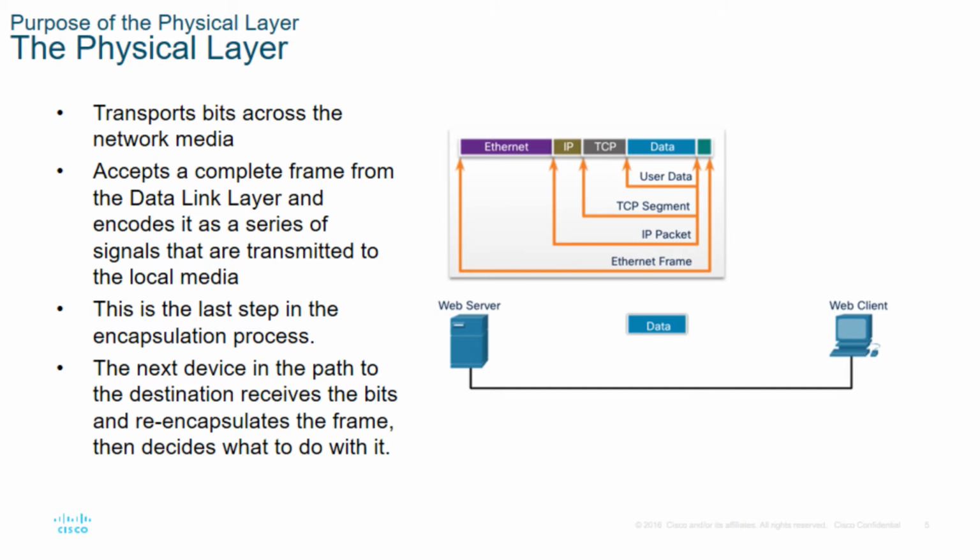The encoded bits that comprise a frame are received by either an end device or an intermediate device. The destination node's physical layer retrieves these individual signals from the media and restores them to their bit representations, and passes the bits up to the data link layer as a complete frame.